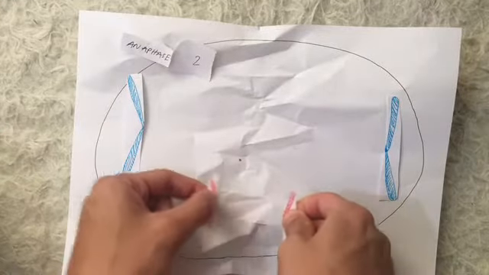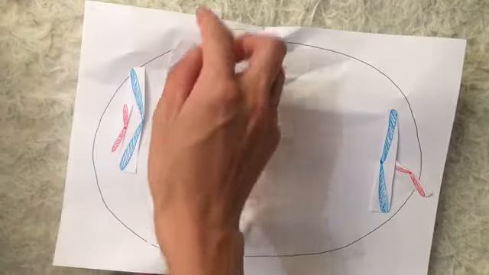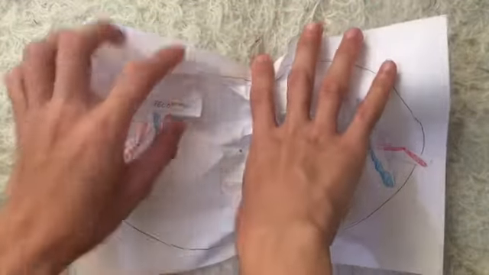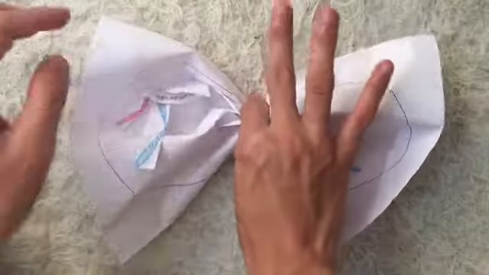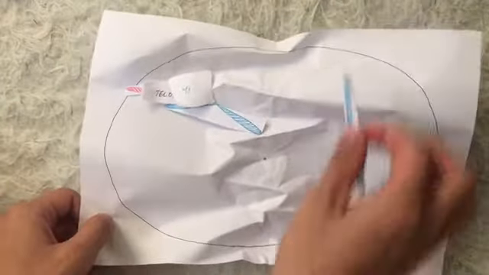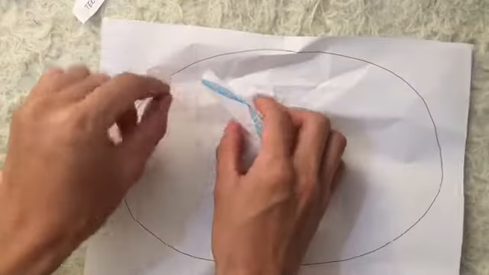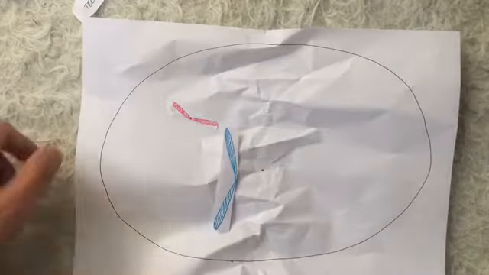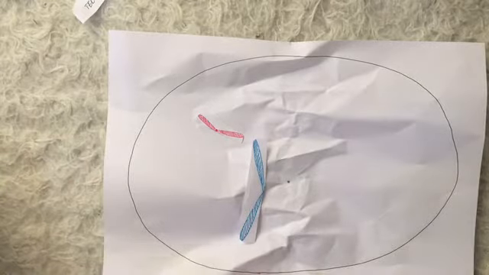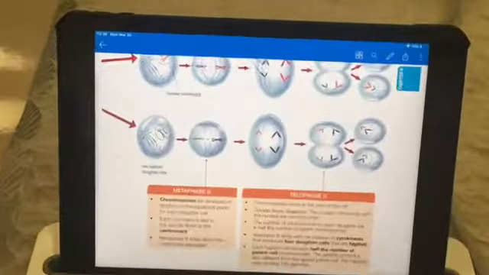This one will also be pulled to one side, and then during telophase, one cell will undergo cytokinesis, and then we have one cell with one set and another cell with one set. At the end you have 4 cells that have one set of chromosomes, and there you have it, meiosis complete.